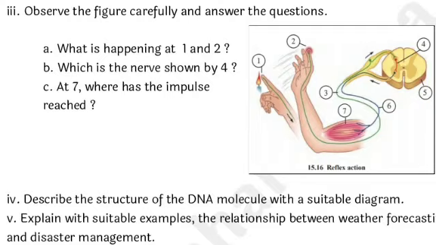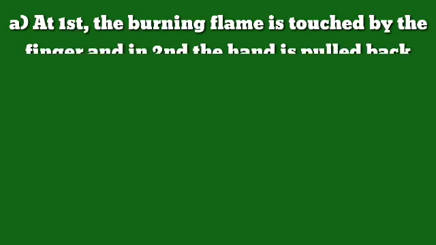A. What is happening at 1 and 2? Question B is which is the nerve shown by number 4? And last, C, at 7, where has the impulse reached? So let us see the answer. We are going to solve all three answers in each slide.